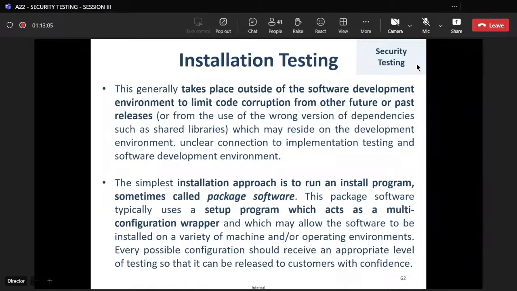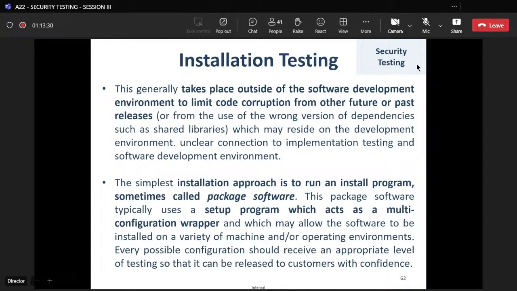As for the installation approach, first they will run an installation program, sometimes called packaged software. It could be an MSI package or any other exe, which is typically a setup program and also acts as a multi-configuration wrapper, which may allow the software to be installed on a variety of machines or different types of operating systems.